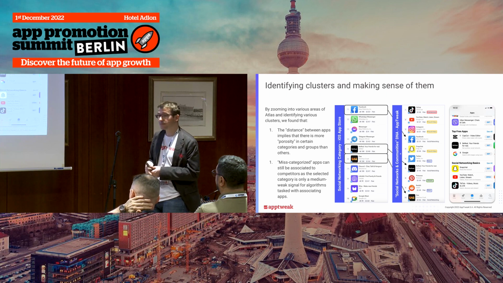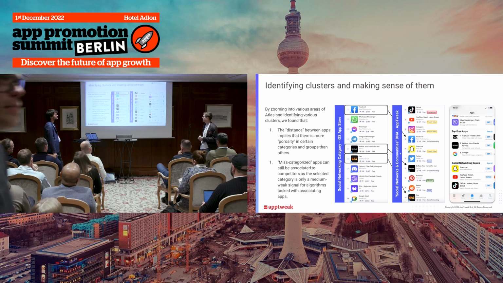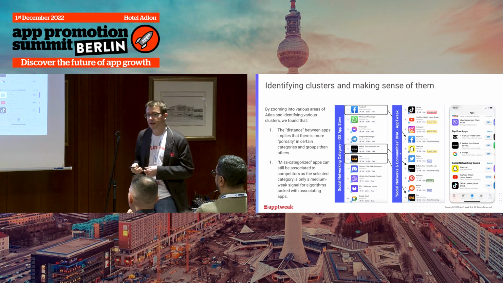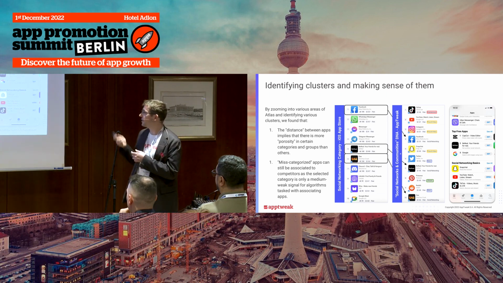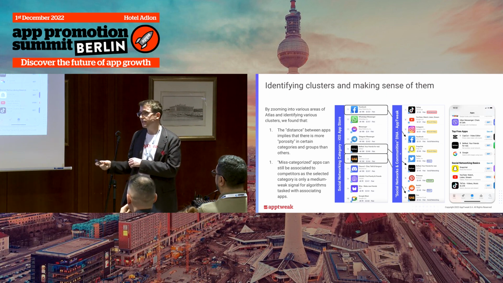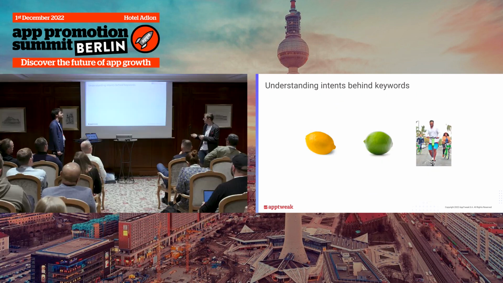Another thing is the store offers certain stories. So here, this is a story that I found yesterday on my phone, social networking basics. Well, the top 3 are actually not in social networking. So this to us is a great way of understanding better what impacts algorithms and what has less weight.